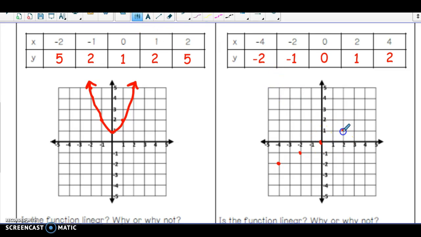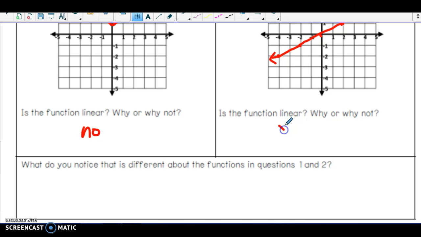We have to go to 2, 1, and I think already you can tell we have a consistent pattern throughout. If you look, we have a slope of 1/2 where each set of points, if you rise 1 and run 2, rise 1 and run 2, there's that consistent pattern or rate of change. So for this function, we do have a linear pattern because it forms a straight line.